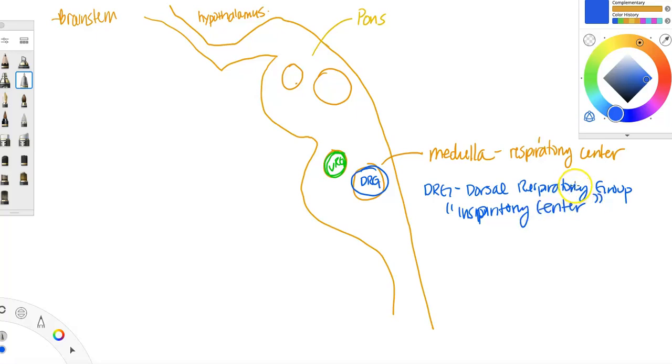Inspiratory center. Okay, so it sends impulses to the phrenic nerve. And if you remember, the phrenic nerve innervates the diaphragm.